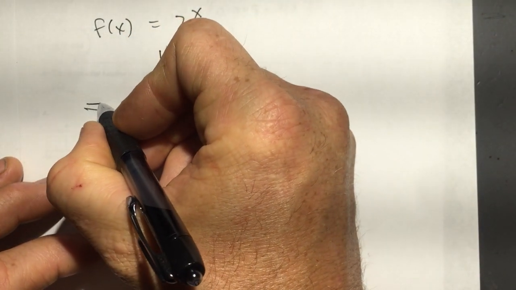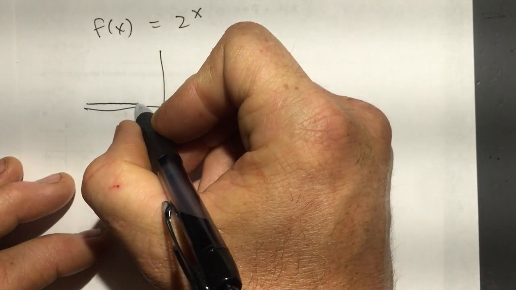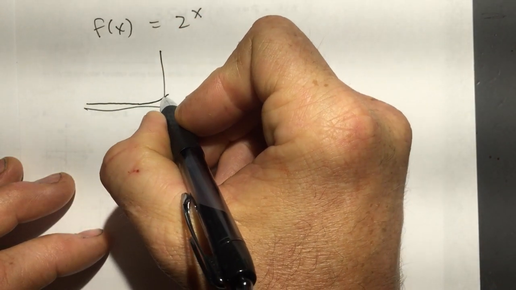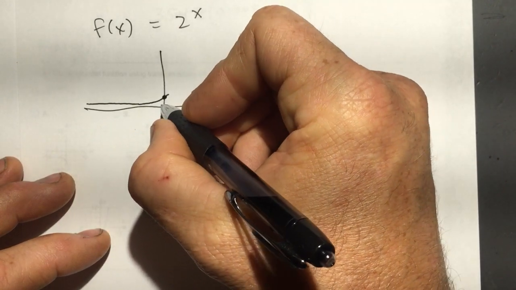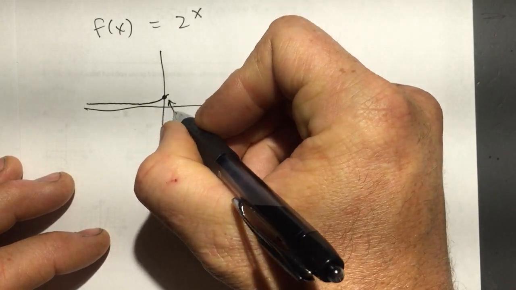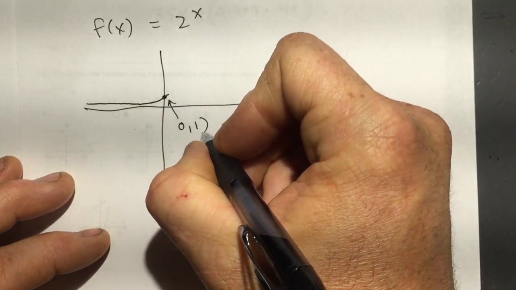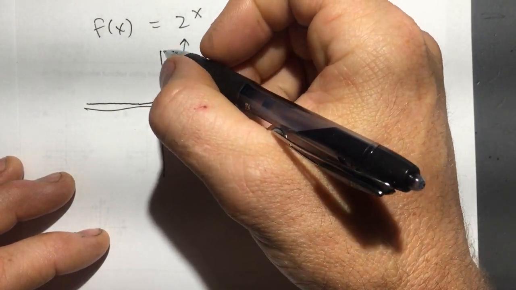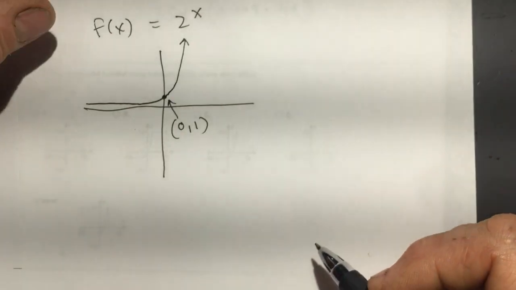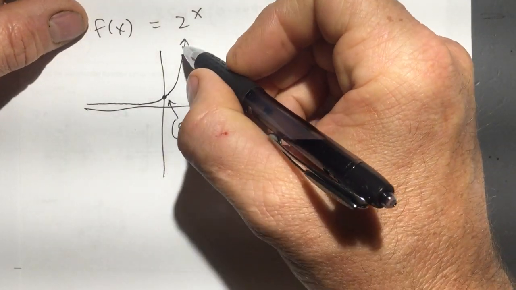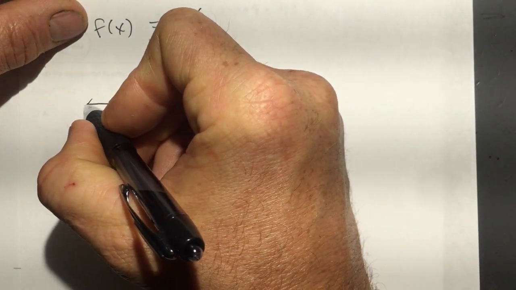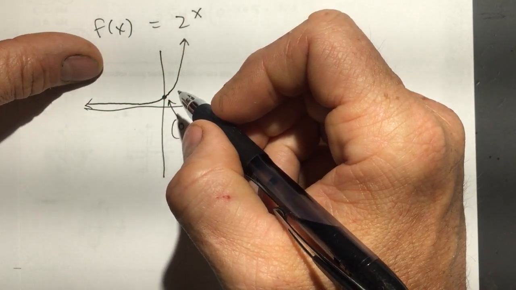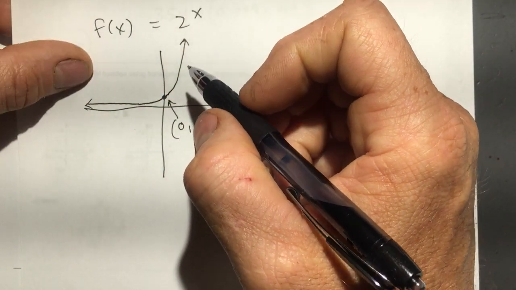You have this little tail that hugs the axis, and all of a sudden it hits right there on the axis, and this point right here is 0, 1, and then it just starts shooting up like this. Now, I wish I had more time to explain this further to you, but there are some interesting things about this that we just can't really talk much about because of time constraints.